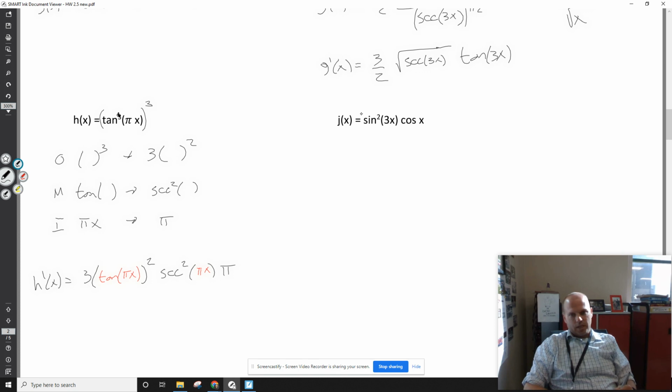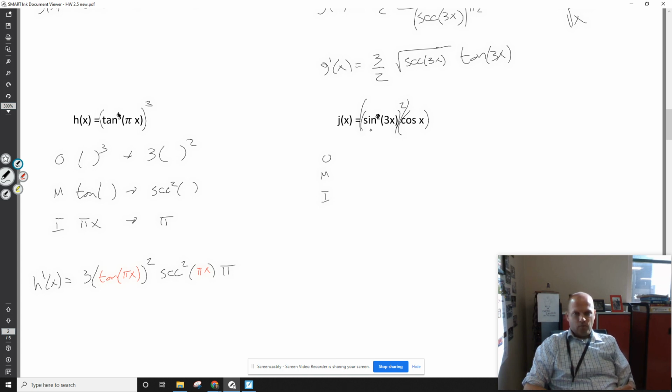Yeah, this is designed to be confusing. This is not everything squared. This is just sine 3x squared. What you realize is you have a product of that stuff and that stuff. So you got to use the product rule. I'm purposely giving you very tricky ones, but the easier ones are the most important.